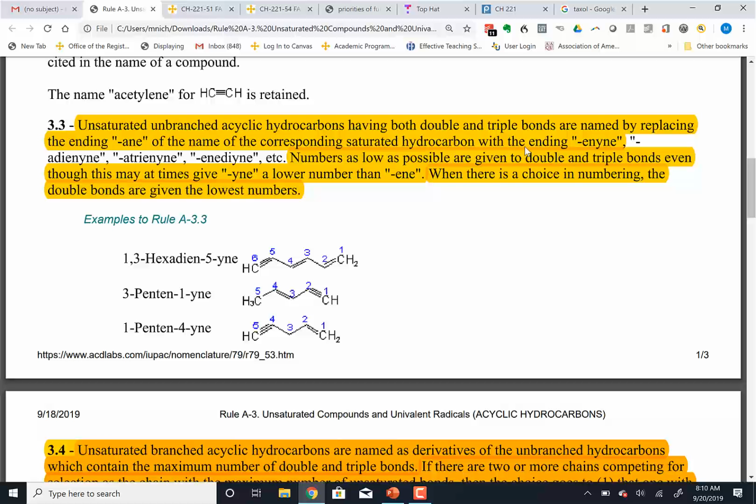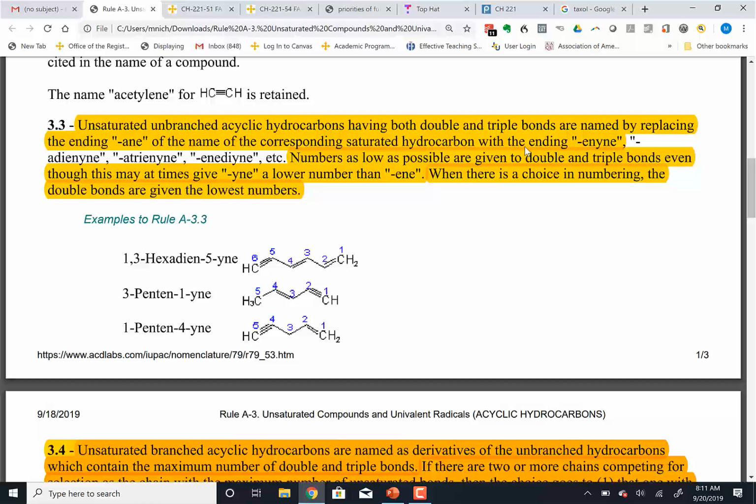That's what that statement means. So you're going to give the double and triple bonds the lowest possible numbers, and sometimes the yne will have a lower number than the ene. So I think they're acknowledging the fact that the priority would normally be ene and yne, but on occasion it will be yne and ene.